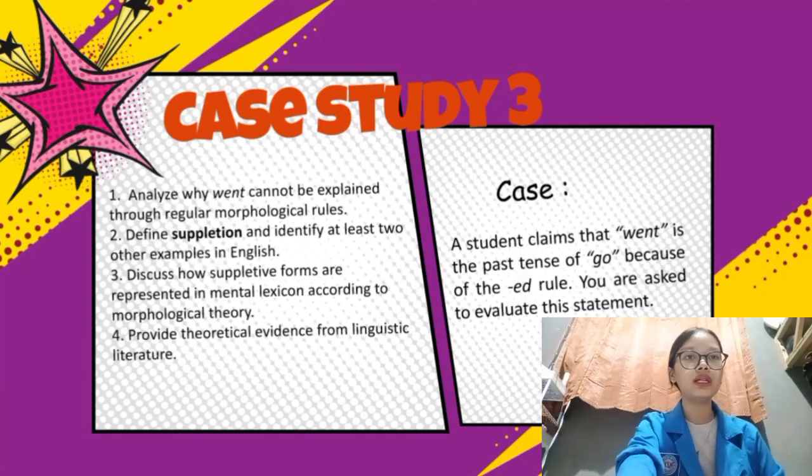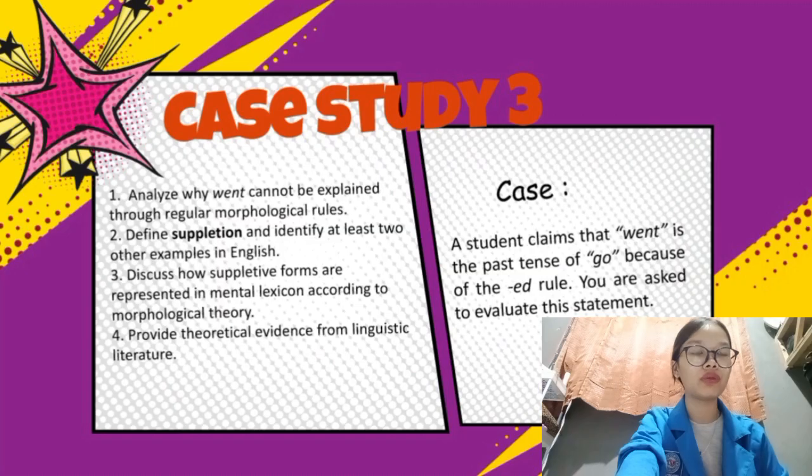Case study 3. For number one, analyze why went cannot be explained through regular morphological rules. Second, define suppletion and identify at least two other examples in English. Three, discuss how superlative forms are represented in mental lexicons according to morphological theory.